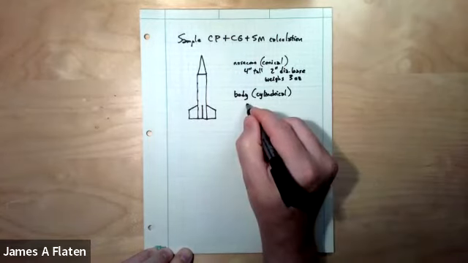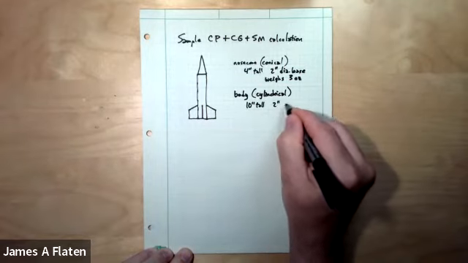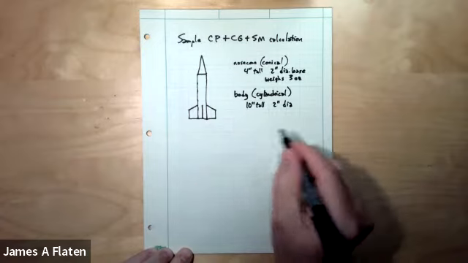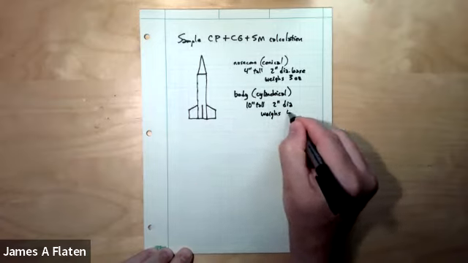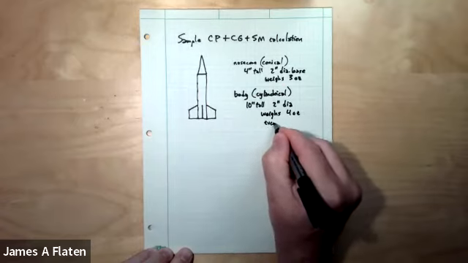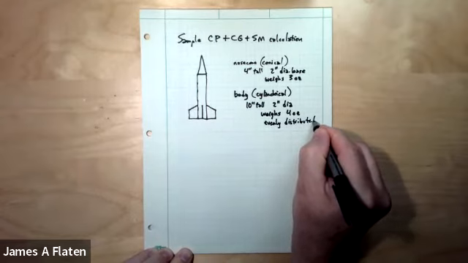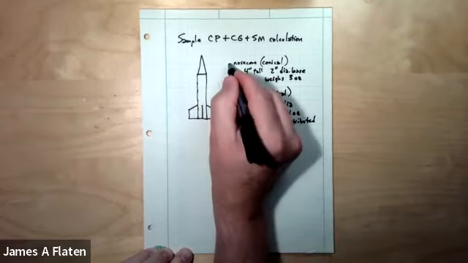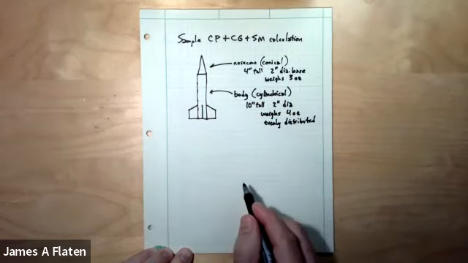We talked about the body being 10 inches tall, 2 inches in diameter. And let's say that it weighs 4 ounces. And let's just say that that's evenly distributed. So there's the nose cone there. There's the body there. And now the fins.